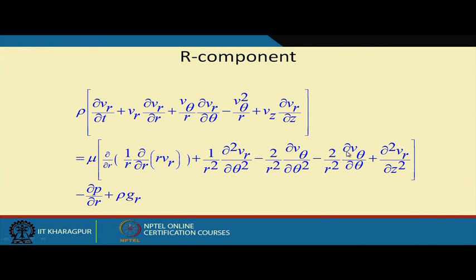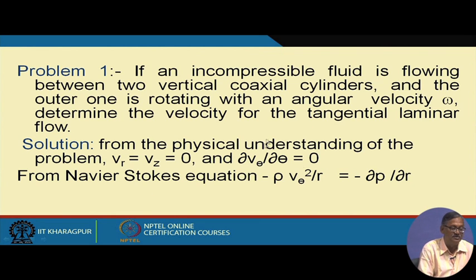Then this term del V theta del theta is also not there, and since V r is 0, del 2 V r del z square is 0. But minus del p del r plus rho g r is there. If that is true, then for the first equation we can write minus rho v theta square by r is equal to minus del p del r.